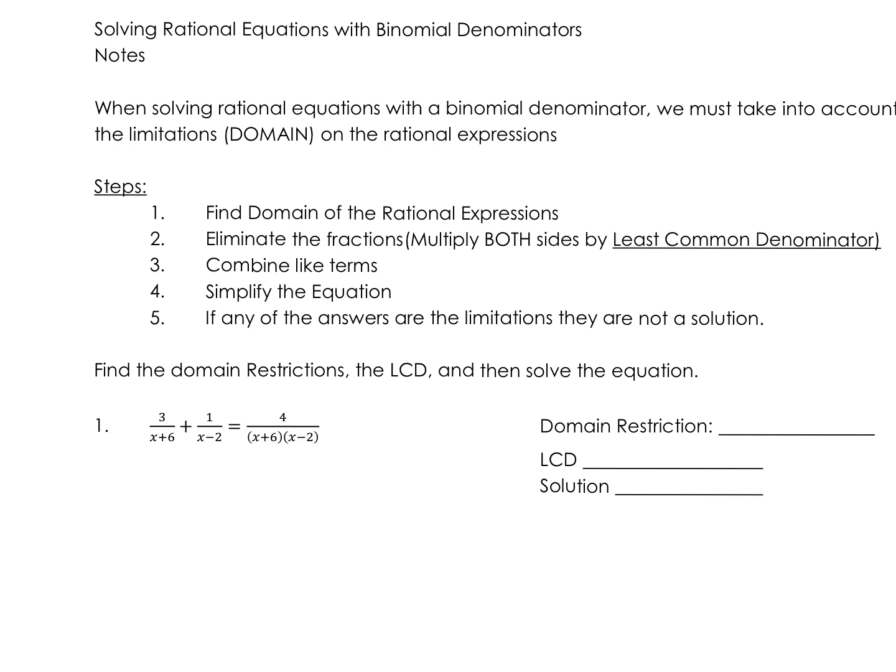We'll start then by finding the domain of the rational expressions. More specifically, we care about the domain restrictions.